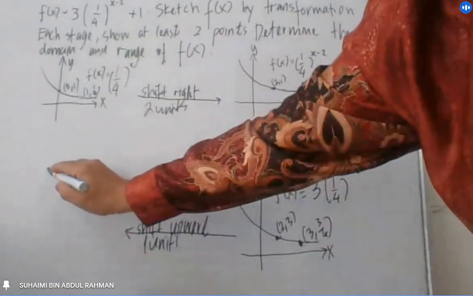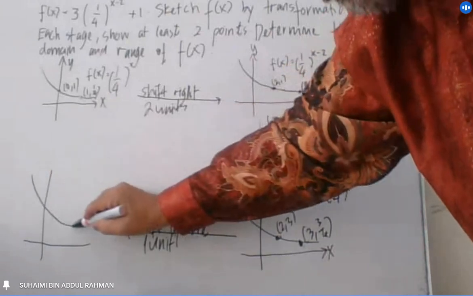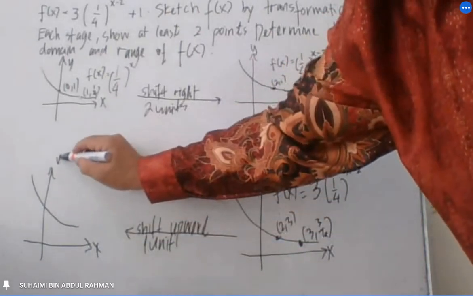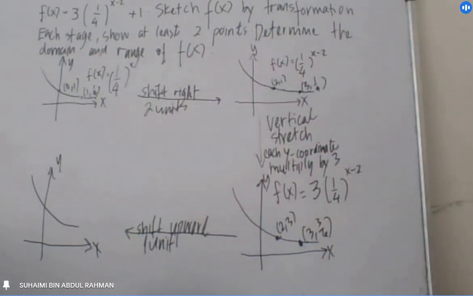Therefore, our last graph, in fact, is going to have the same shape. The point 2, 3 will go to the point 2, 4.